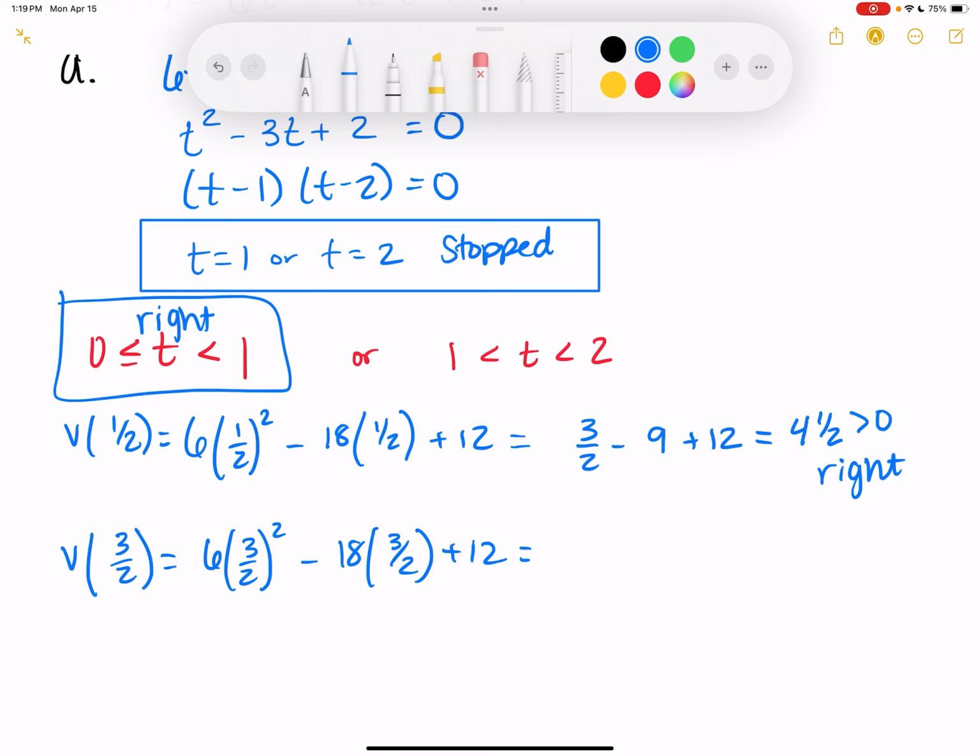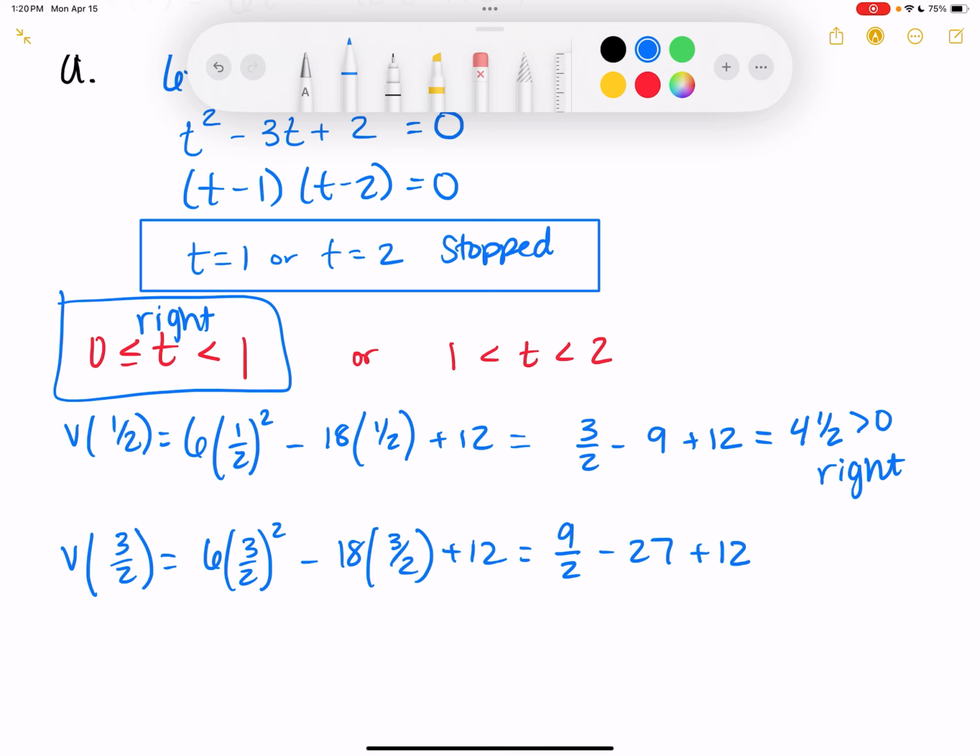Okay, let's see. 9 over 4 times 6, so it's going to be 3/2 times, so is that 9 over 2? I think. Somebody check that. 9 times 3, so minus 27 plus 12. 27.